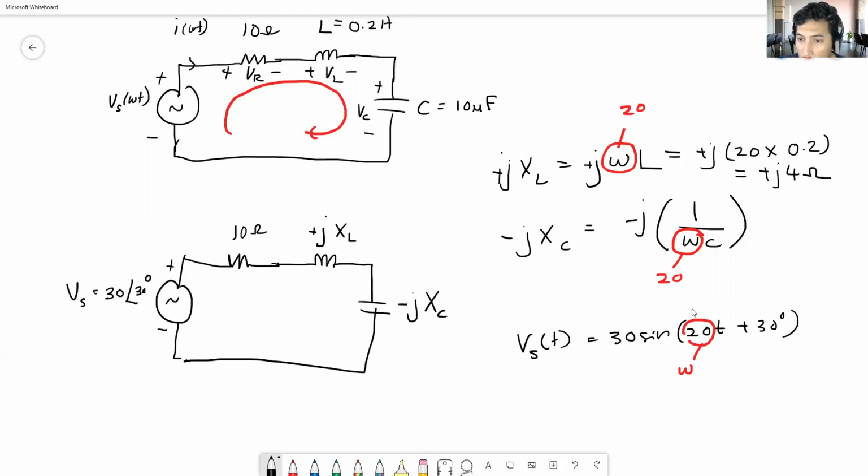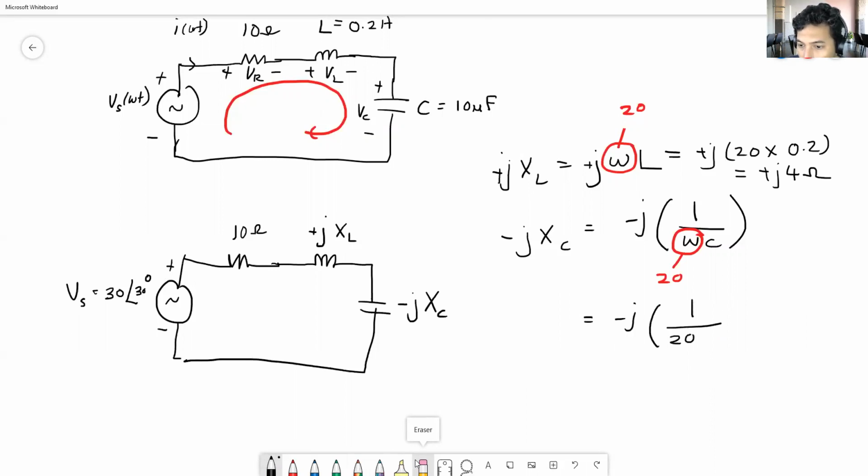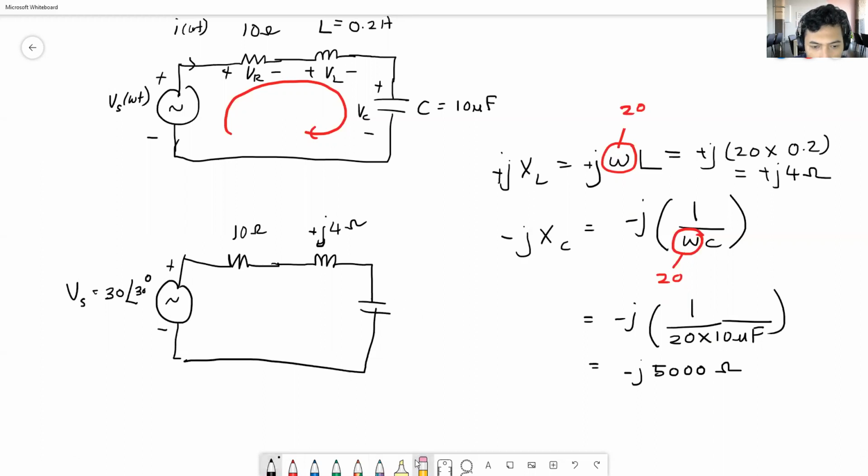Okay, and your XC, the reactance of the capacitor, is negative j 1 over 20 multiplied with 10 microfarad, which is 20 multiplied by 10 to the power of minus 6, so negative j5,000 ohm. So you can replace this as positive j4 ohm, and this one is negative j5,000.